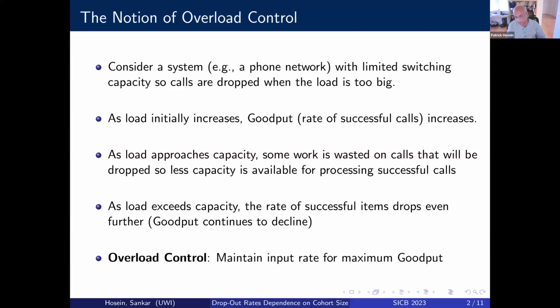I can't get into details on call processing through the signaling network, but this is what happens. So as load exceeds capacity, the rate of successful items drops. This is what we call the goodput, the rate of successful transactions. So overload control is maintaining a maximum goodput. You want to get to the point where you do not waste too much time on failed transactions.